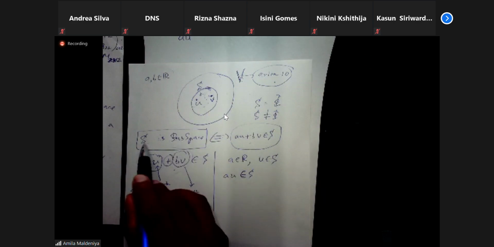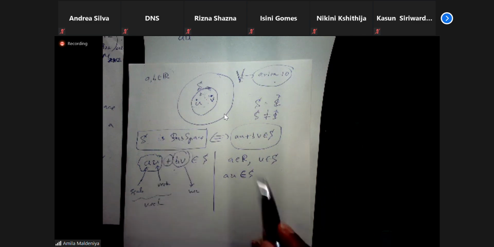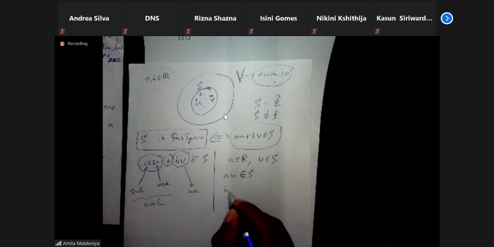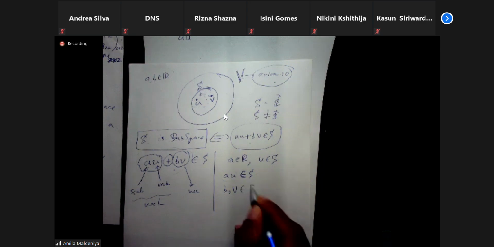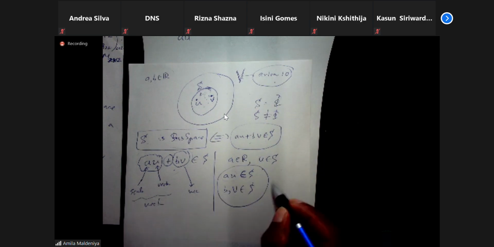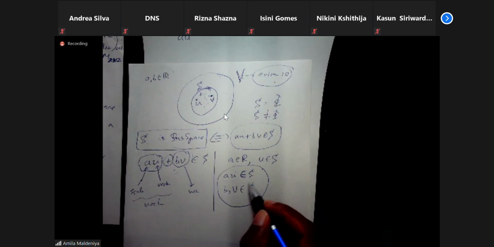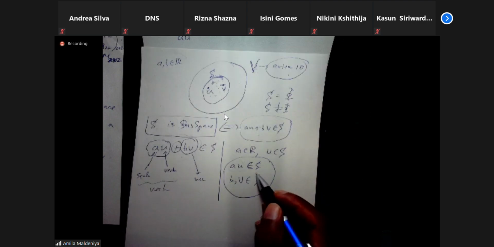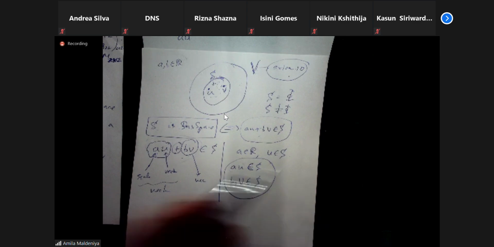If you have a vector space, scalar multiplication also belongs to S. This is true because S is a subspace. Similarly, BV is also in S, because S is a subspace. Because the scalar multiplication is closed. Scalar multiplication is closed in the vector space.